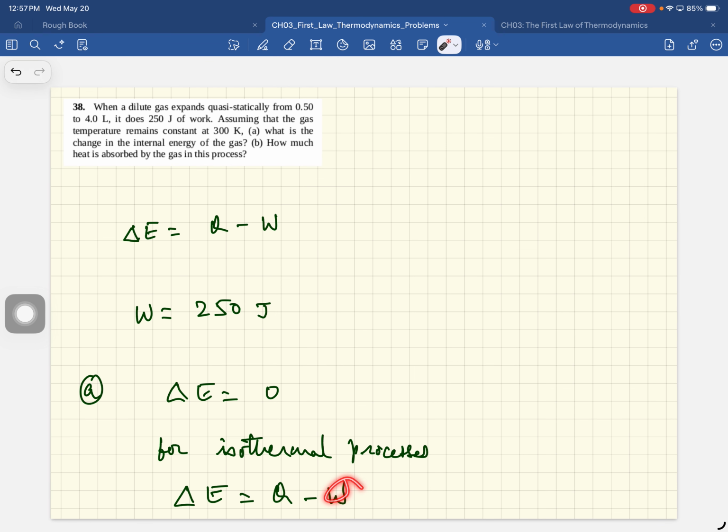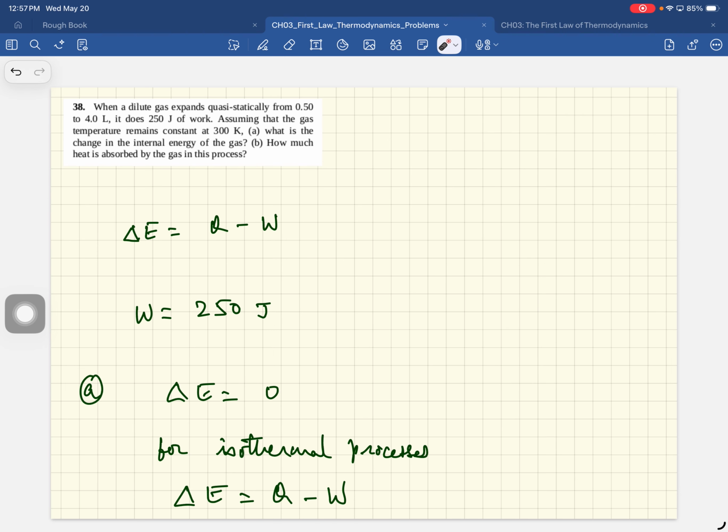Okay. What this problem illustrates is the following. Internal energy E is a state function. What does this mean? It's based on the endpoints. Based on the state of the system. Each point on this graph represents the state of a system.